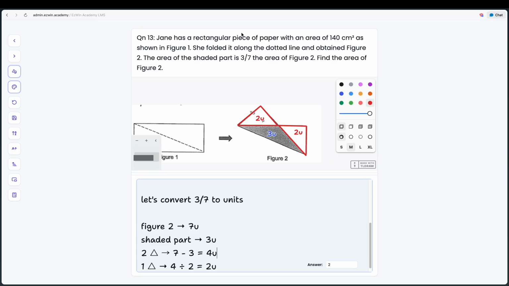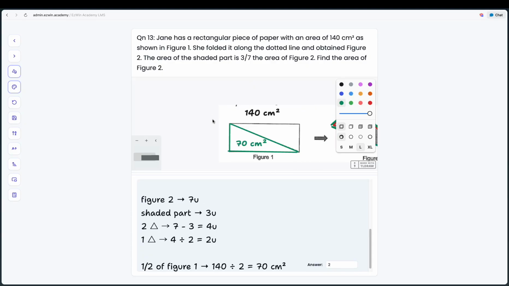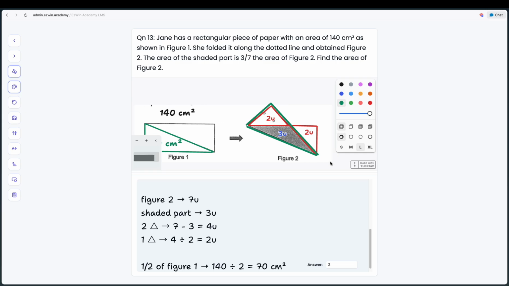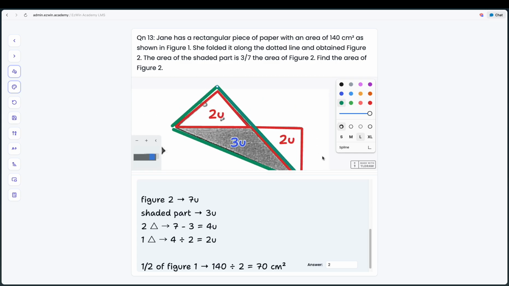Now, the next thing is we know that this whole thing is 140 centimeters square. Pretty straightforward, but that means half of it. So half of figure 1 is 70 centimeters square. And since this is a folded shape, this part also is 70 centimeters square.